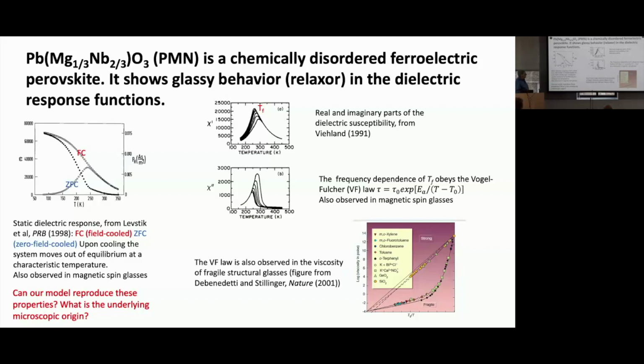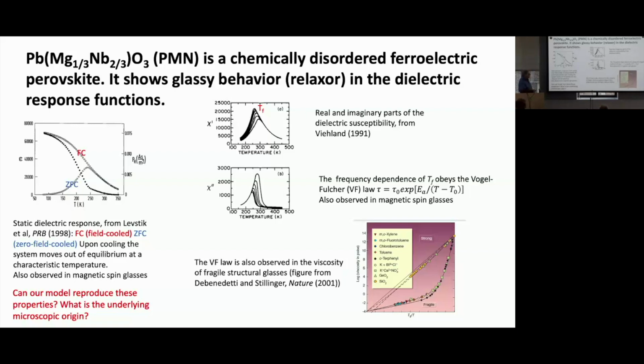So we see that this peak in the dielectric, this is the real part of the dielectric susceptibility, moves as we increase the frequency of the applied field. These are quite low frequencies, but as the frequency goes to zero, we get something that looks like that. And as we increase the frequency in experiment, they go up to 1 gigahertz.